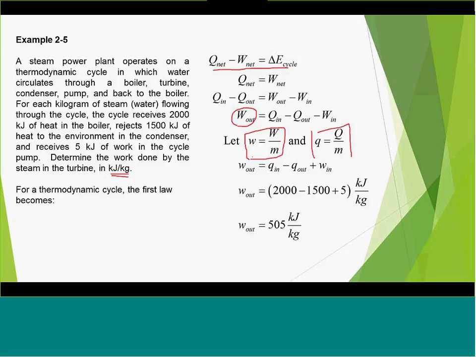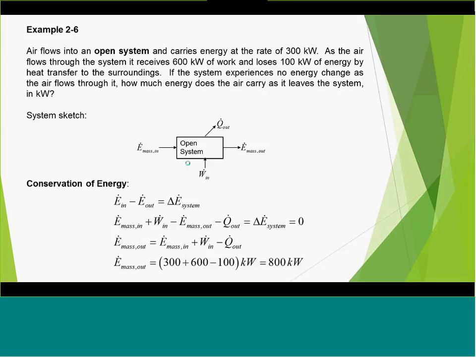So you're going to have 2,000 minus 1,500 plus 5 for the work in the cycle, which is around 505 kilojoules per kilogram. That's it. We actually have a lot of examples, so please have a look at them here.